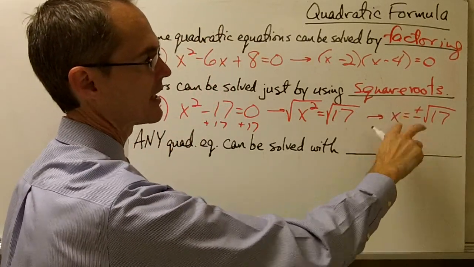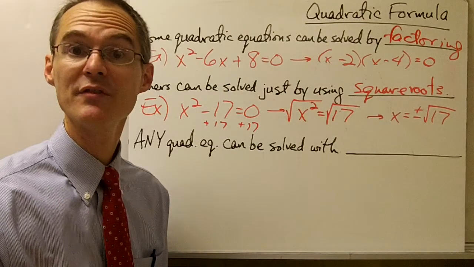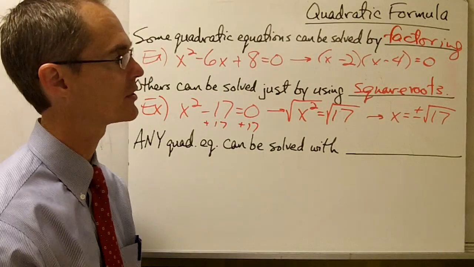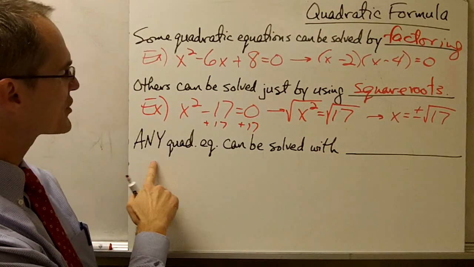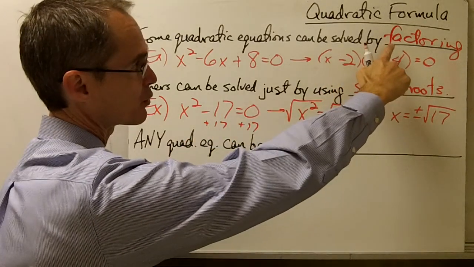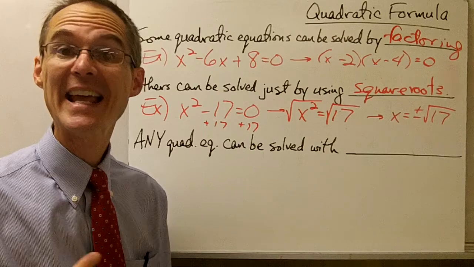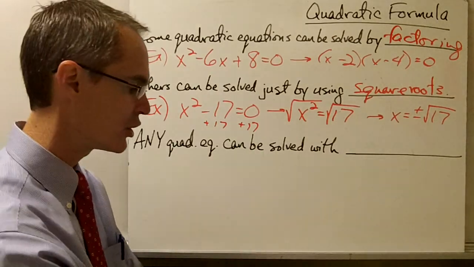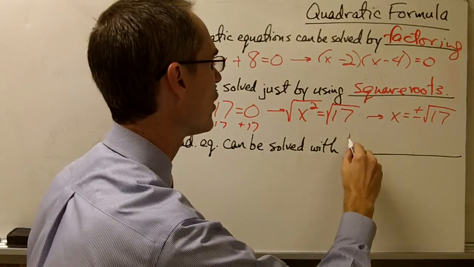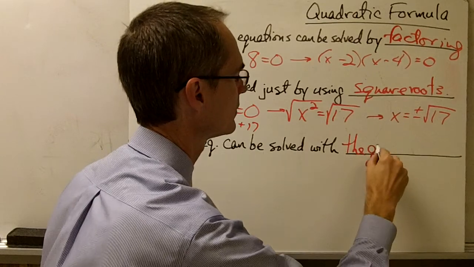And we need the positive and negative there because we know that we always have two solutions for a quadratic equation. Well, it turns out that some equations we can solve using this method, some using this method, but we can always solve any quadratic equation using this thing called the quadratic formula.